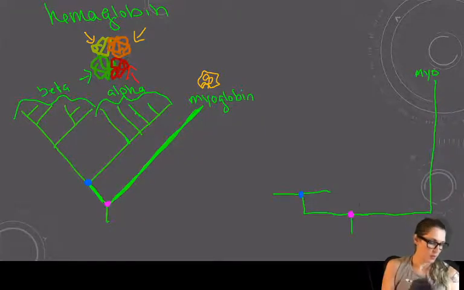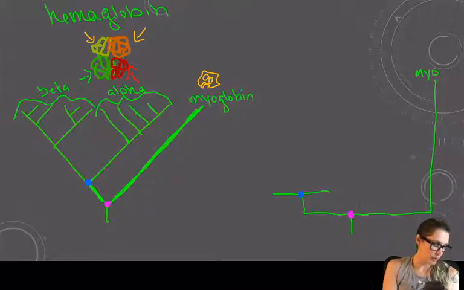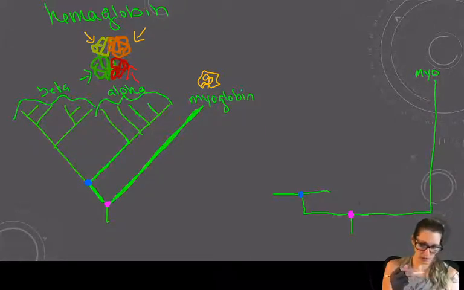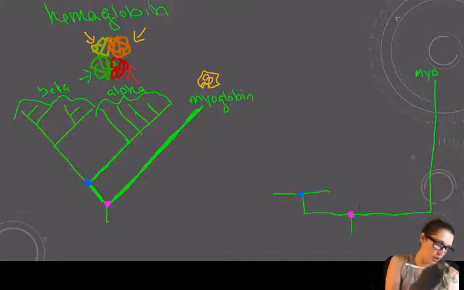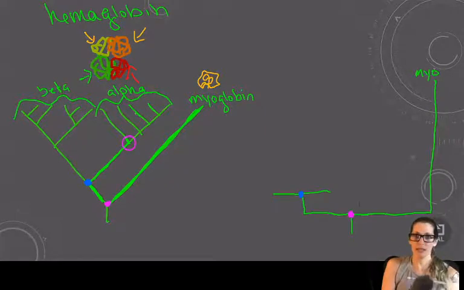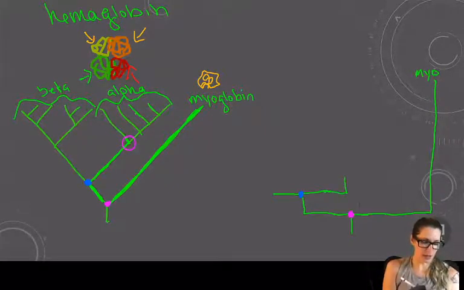Okay? We can follow one of those branches from blue up here and see we have another branch point. I'm going to do an open pink circle right here. That's another branching point. So we follow this up and we're going to branch again. Here's my open pink circle.